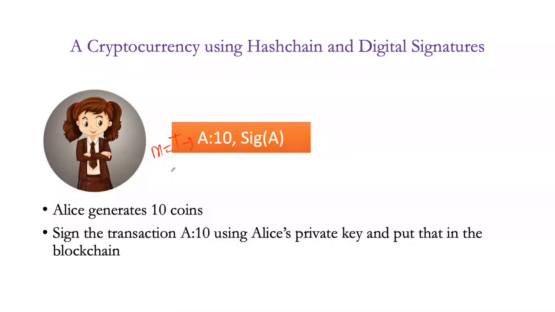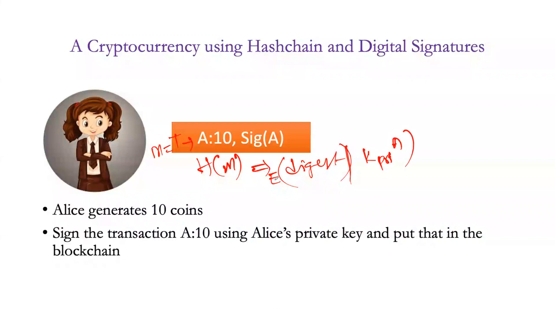This message goes through the hash function, which generates one digest, and that digest is encrypted with the private key of Alice. That gives the encrypted form, which is the signature of Alice.